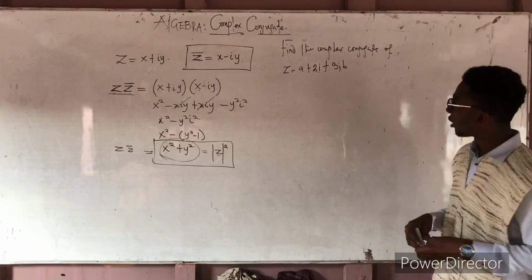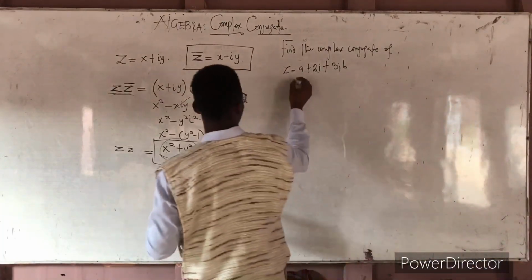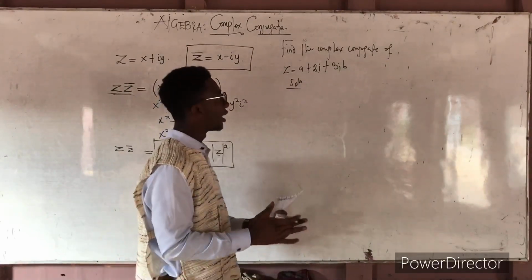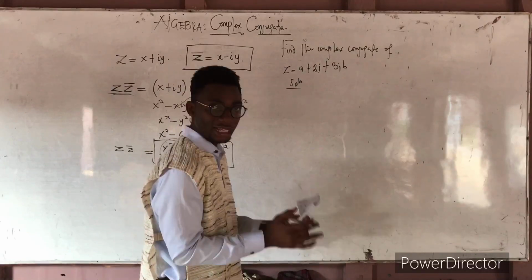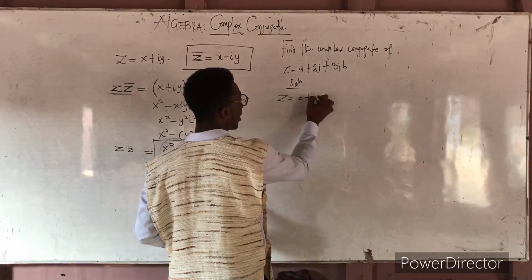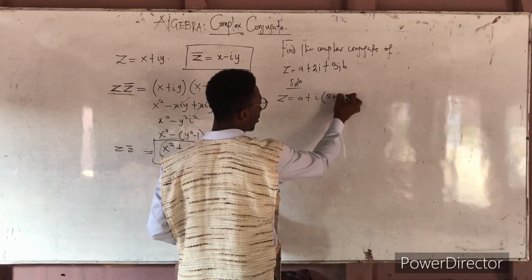To solve this question, we have to know the terms for the real part and the terms for the imaginary part. So we arrange this and we get a plus i times the bracket 2 plus 3b.